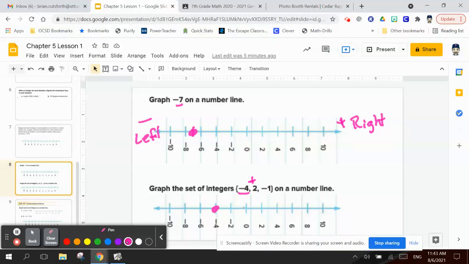All positives are to the right, so I go to the number 2. And the last one is -1. Again, it's negative, so it means it's left. So I go to -1. -1 is between 0 and 2. So here's -1, and we'll put a dot right there to represent it.